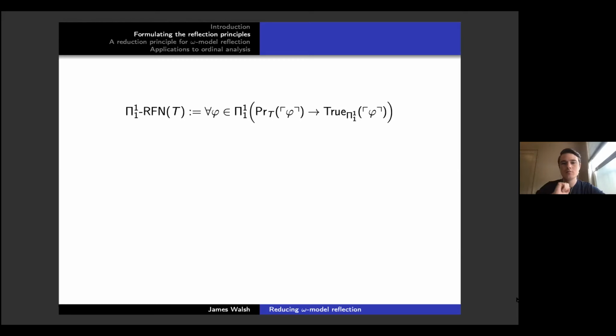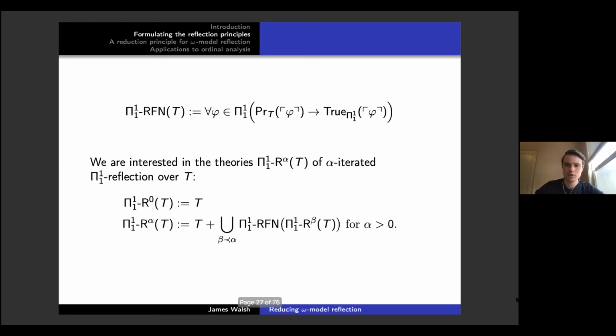The pi11 truth predicate and pi11 reflection principle can be formulated in ACA 0. And we're going to be interested in what happens when we iterate the pi11 reflection principle along ordinals. So we're interested in the theories of alpha iterated pi11 reflection over t. That's how I'm going to pronounce that: pi11 r to the alpha of t.